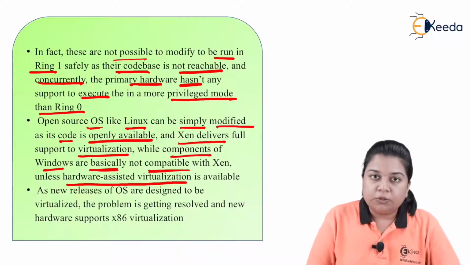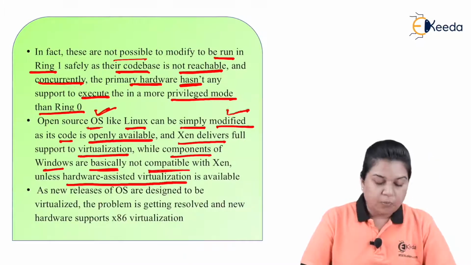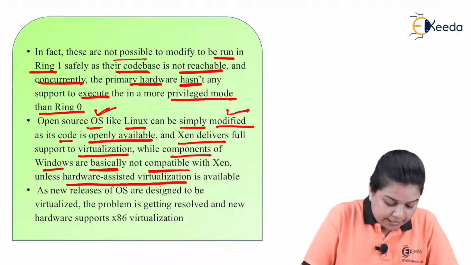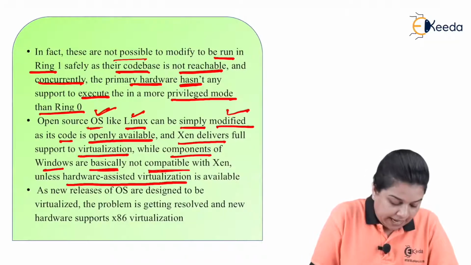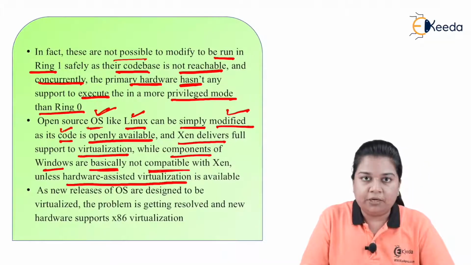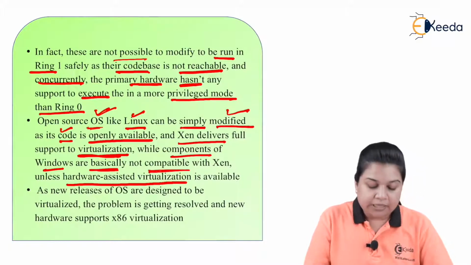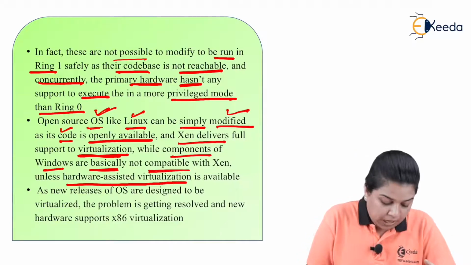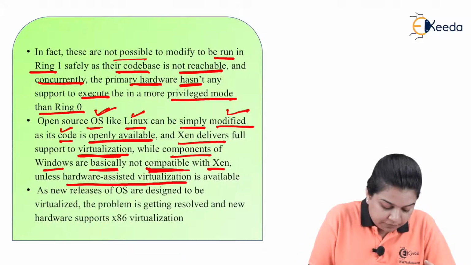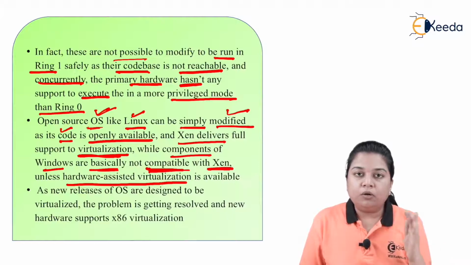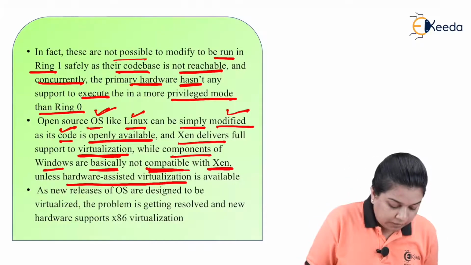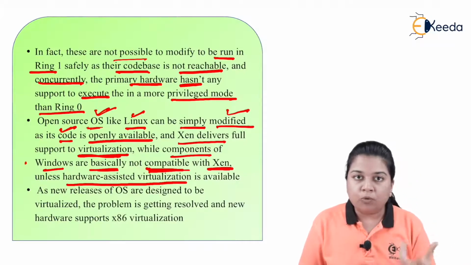See, what this wants to explain is that open source operating systems like Linux can be simply modified as their code is openly available. But Xen delivers full support to virtualization while the components of Windows are basically not compatible with Xen. See, you do not know what the code is in Windows because it is not open source.